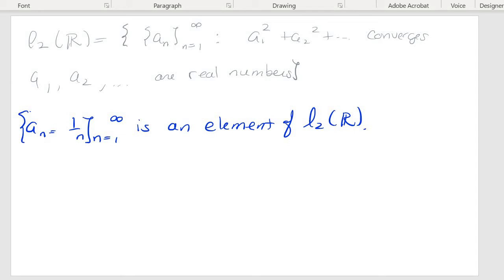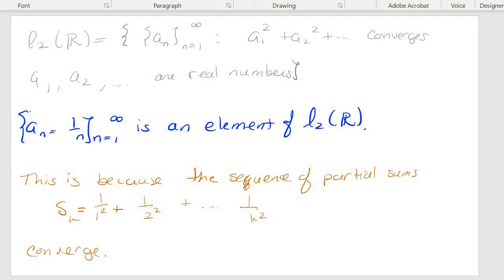Going back to set theory, every time you have a set, you have to understand what's in that set. What are the objects in that set? What do they look like? How do I belong to that set? To belong to that set, you must be an entire sequence. Every element in that set is a sequence, and those sequences must be square summable, because the sequence of partial sums converges.